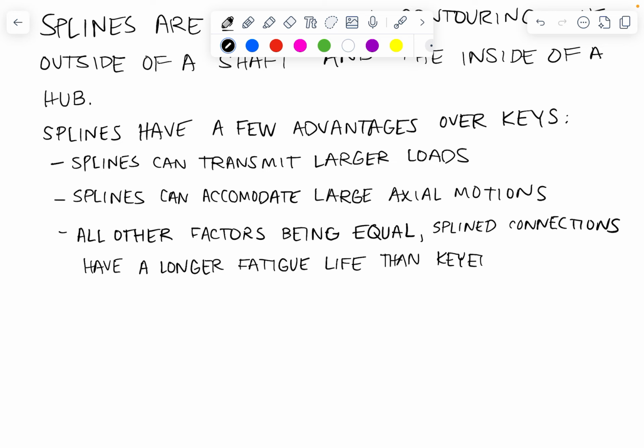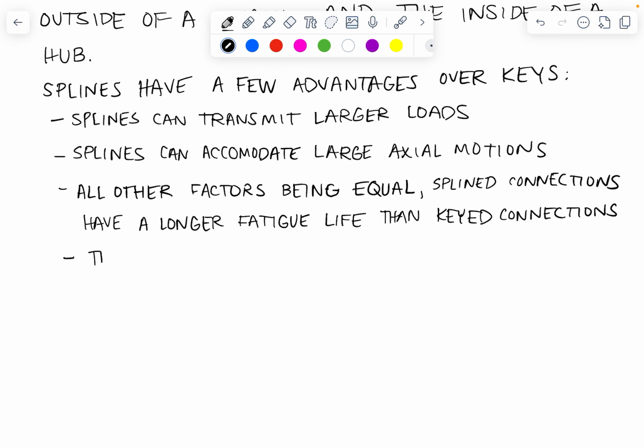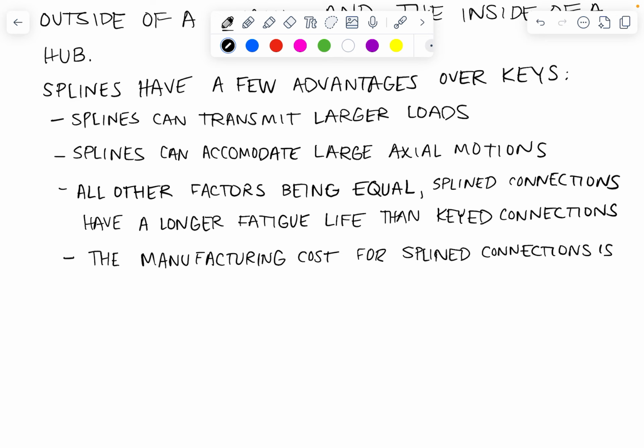That's because the loads get more evenly distributed. And lastly, one drawback of splines is that the manufacturing cost for splines is typically higher.